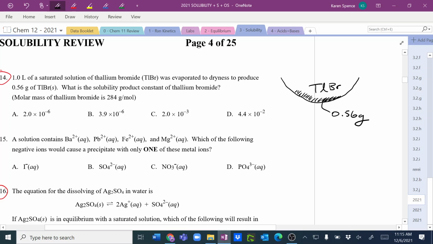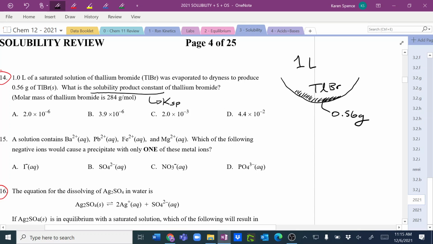What volume was it in originally? It was in 1 liter, which makes me think I should have used a beaker rather than an evaporating dish, because that's a big evaporating dish if it contained a liter of solution. But doesn't matter. What is the solubility product constant, which is the KSP of thallium bromide?